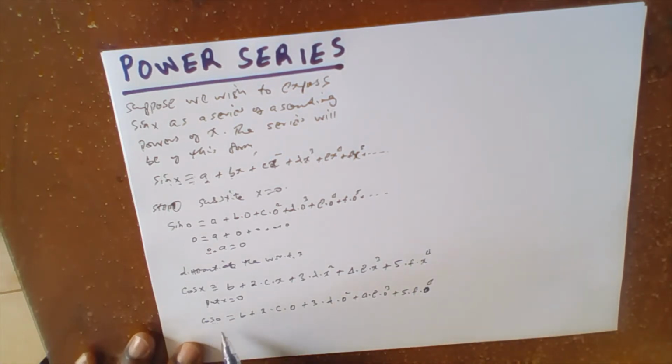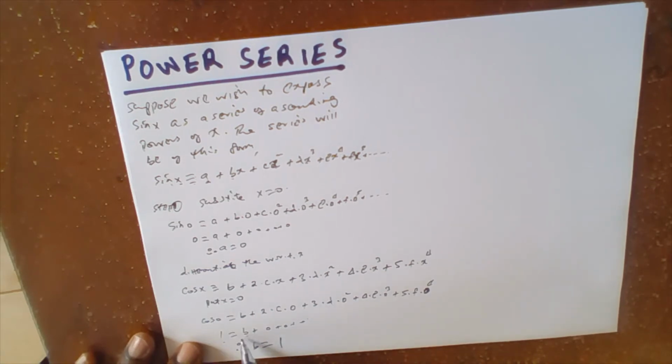Cos 0 is 1, so we have 1 equals to b plus 0 plus 0 plus 0, because we are multiplying with 0. Therefore, b equals to 1.